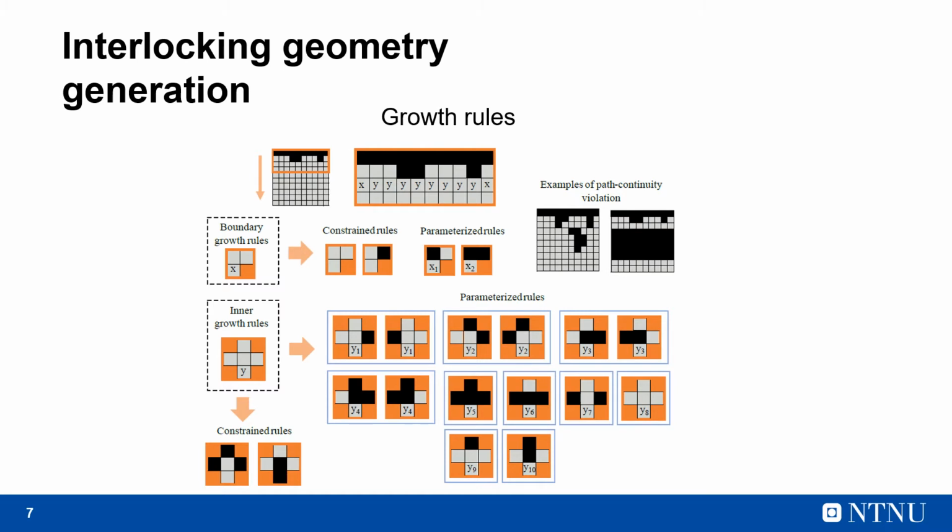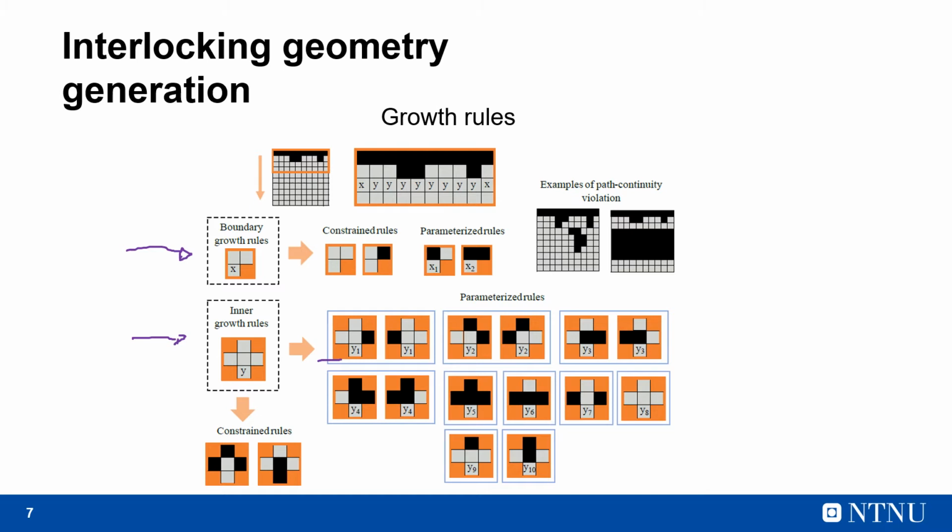So the growth rules, we divided the growth rules in boundary growth rules and the inner growth rules. To generate a database of geometries to train our network, we chose to parameterize the whole set of possible rules, as you can see here in these images.